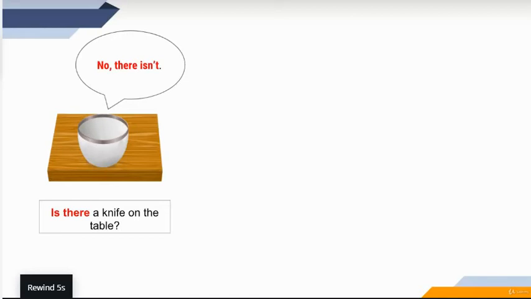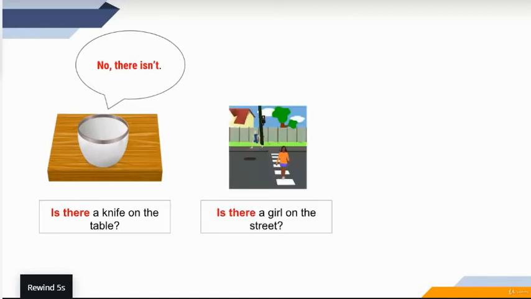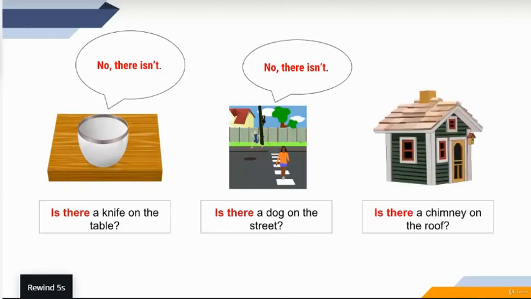Negative answer. More examples. Is there a girl on the street? Yes, there is. Is there a dog on the street? No, there isn't. Okay? Question. Positive answer, yes, there is. Negative answer, no, there isn't.